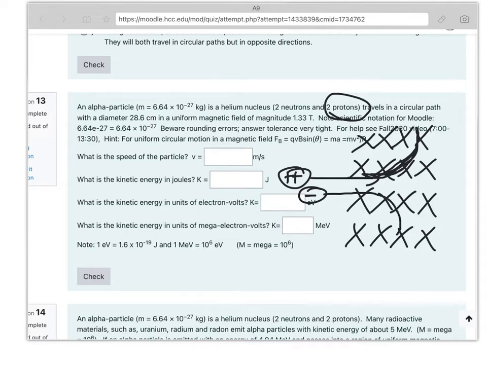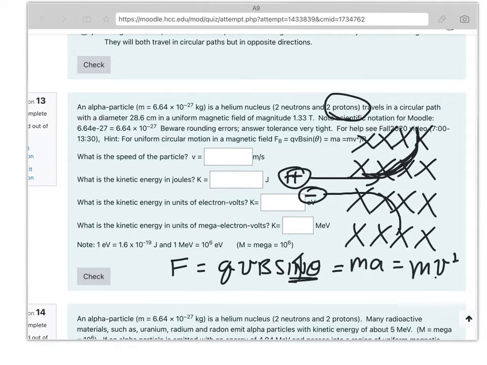And so the force on the particle is QVB sine theta, but the direction of the particle is perpendicular to the field, so the sine of 90 is 1. So QVB, the force, is going to be equal to the mass times the acceleration, and the acceleration is v squared over r because it's moving in uniform circular motion.